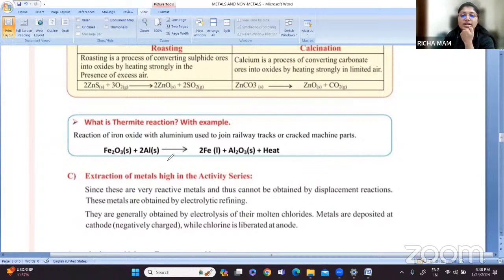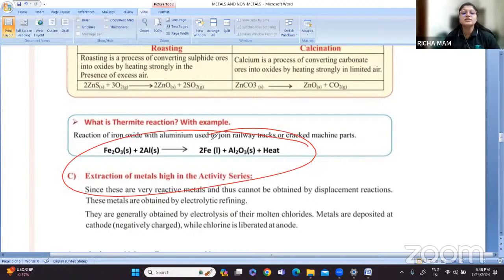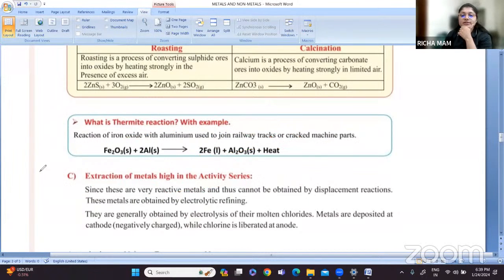So Fe2O3 plus 2Al giving you 2Fe plus Al2O3 plus heat. This reaction is called the thermite reaction, wherein we use it for joining railway tracks or cracked machine parts.